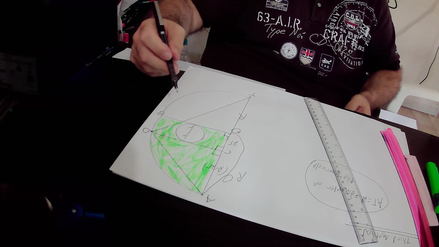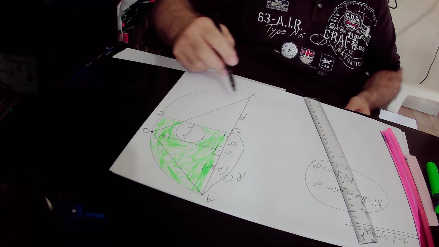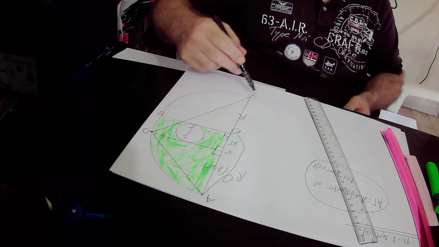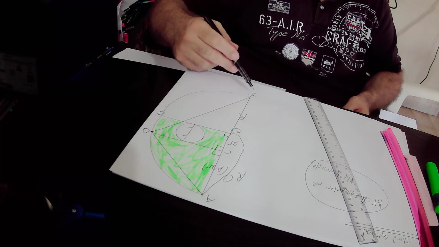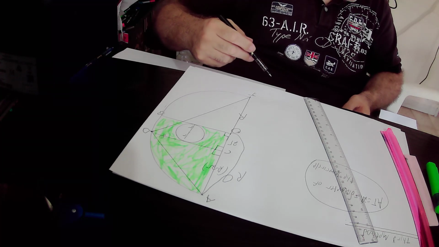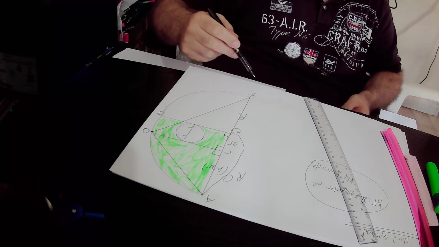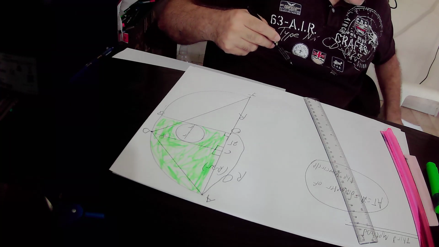Here we created peripheral angle ADT. Peripheral angle ADT rests on AT, that is the diameter of the semicircle.